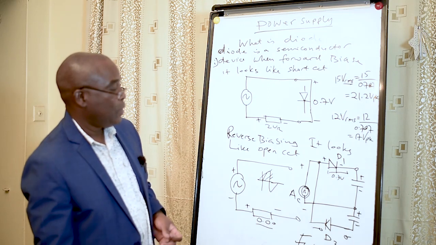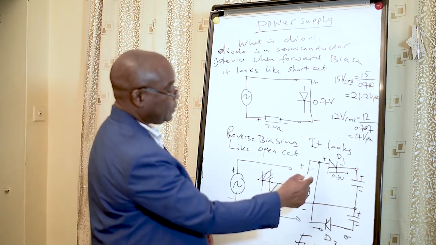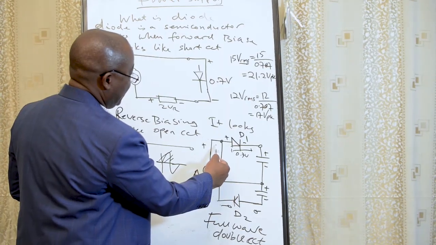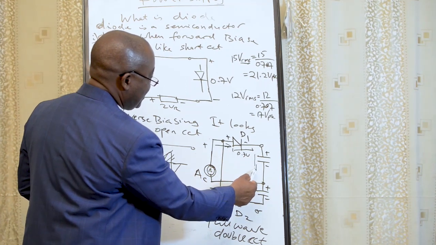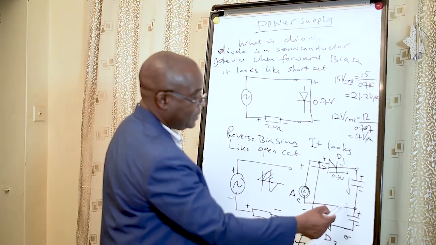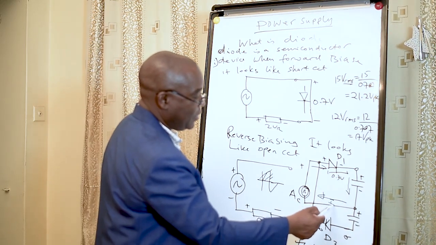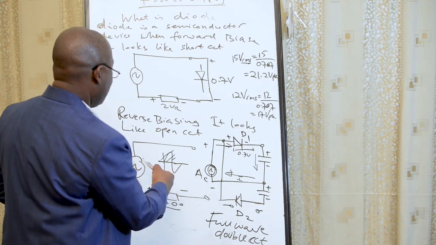So if here it is open, then the circuit will look like our current will flow this side, come this way, will charge this capacitor, and then it will come in this direction. This is how our current will flow. So our circuit will look like this one.